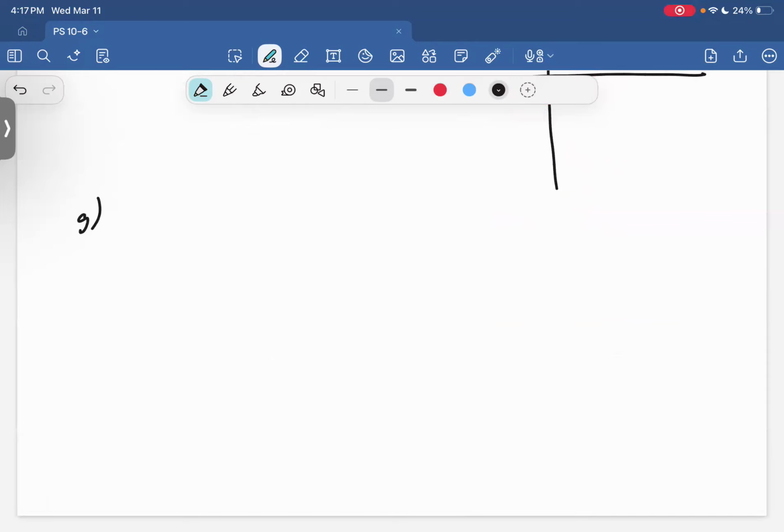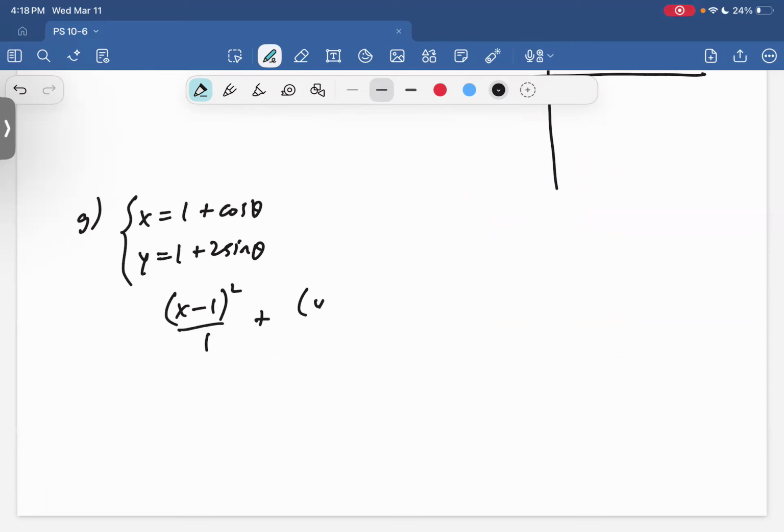Part G, x equals 1 plus cosine theta, y equals 1 plus 2 sine theta. So that's an ellipse. And we should be able to figure out that x minus 1 squared plus y minus 1 squared over 2 squared equals 1.